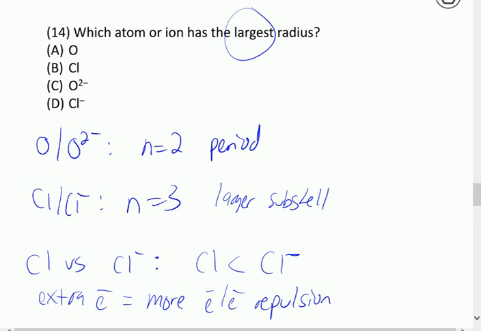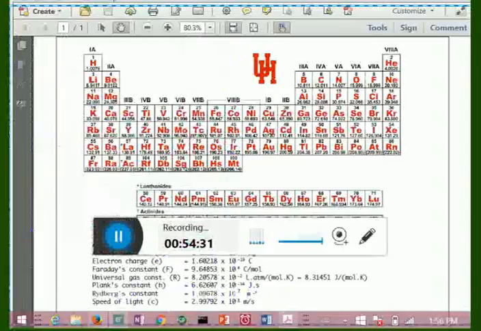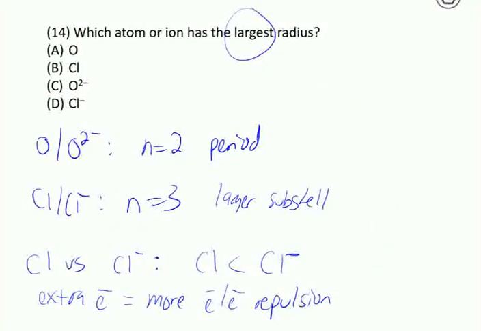And that electron-electron repulsion pushes everything apart and makes the radius bigger. So when you have an anion, especially if you're comparing it to the same atom that was used to form that anion, the anion is going to be larger. So the largest one of these is going to be Cl-. So again, comparing two things at a time is helpful, and look at where they are in the periodic table. n equals 2 versus n equals 3 allows us to zero in on these two choices.